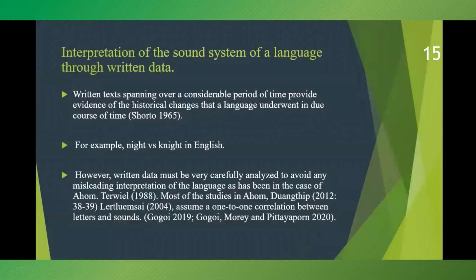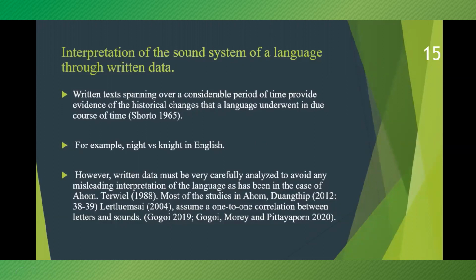Interpretation of the sound system of a language through written data. Written text spanning over a considerable period of time provide evidence of the historical changes that the language underwent in due course of time. For example, night versus knight in English are spelled with two different initial consonants, giving two different meanings, but their initial consonant sounds are the same.